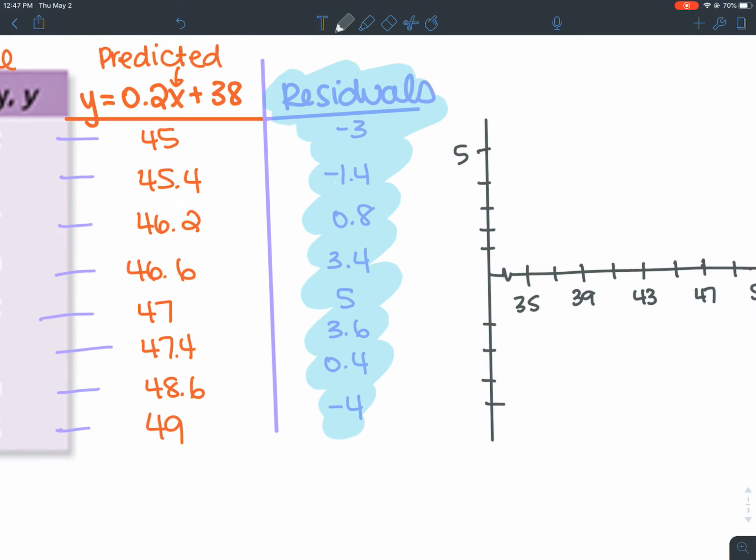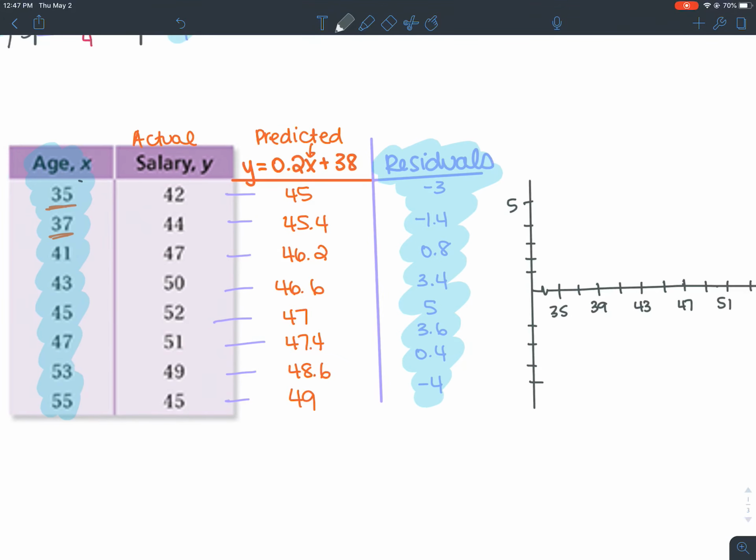All right, so we want to plot the points where it's 35, negative 3. So that would be 35, negative 3 down here. And then we have 37 and negative 1.4. So that's here. And then we have 41 and 0.8.